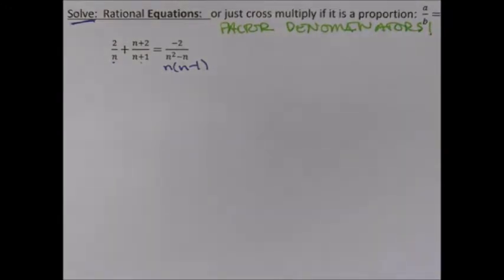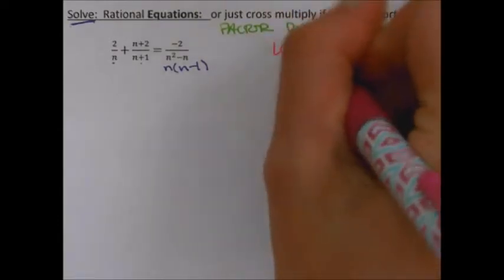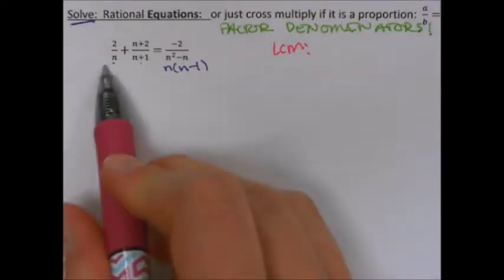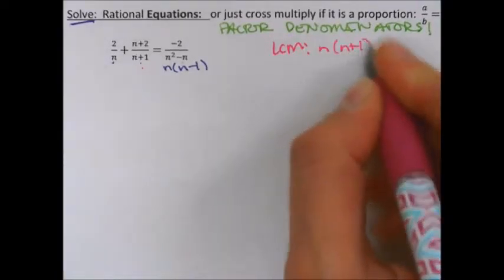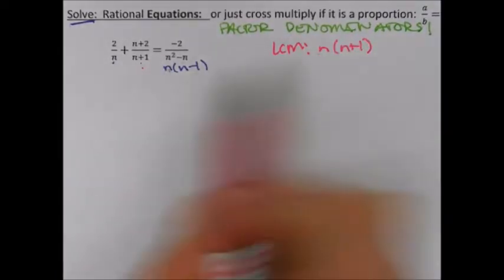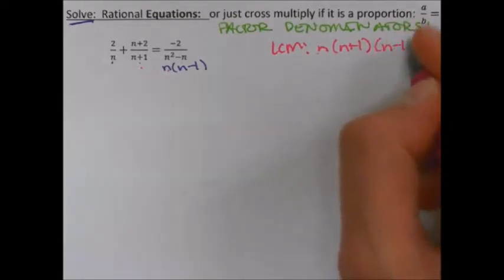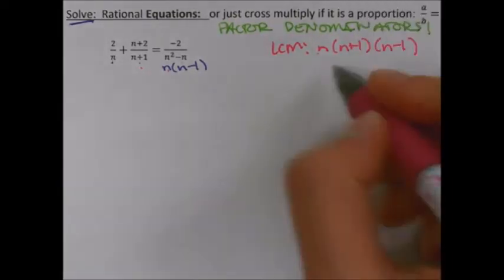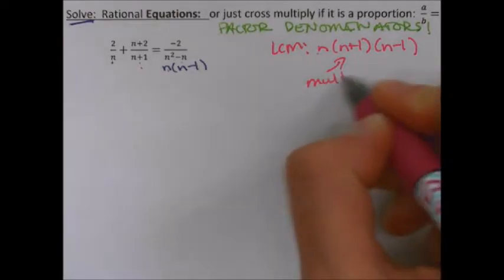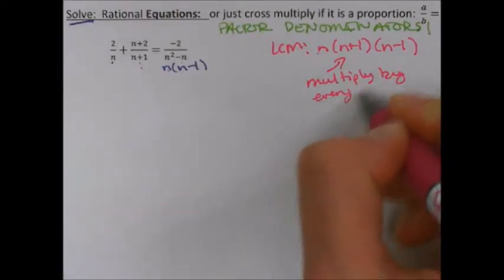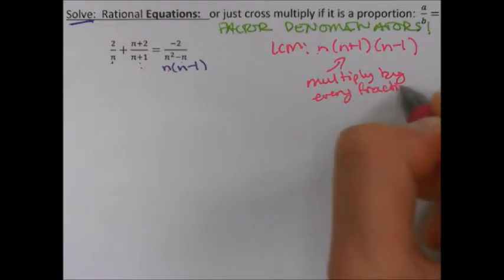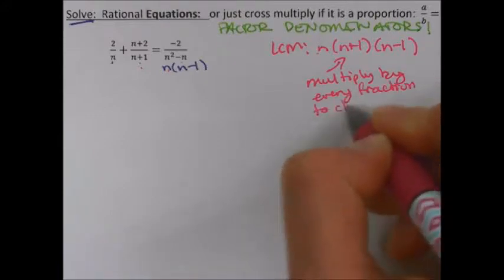Let's go ahead and note what our LCM is. I'm going to need an n plus 1, and I already have an n over there, so I need an n minus 1. And I'm going to multiply this by every single fraction, and we're doing that to clear the fractions.